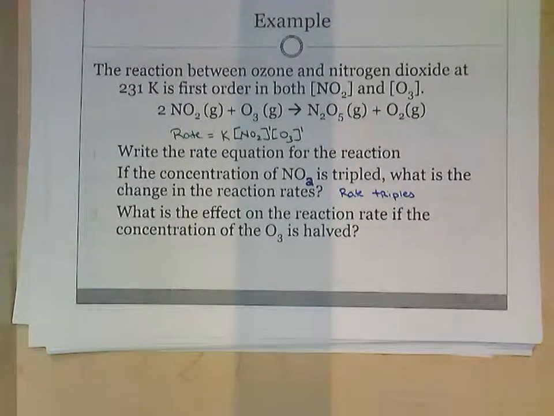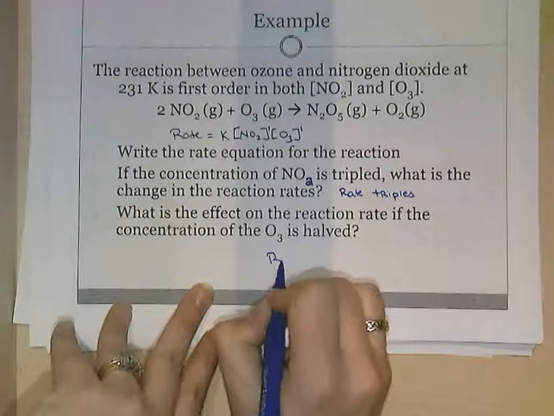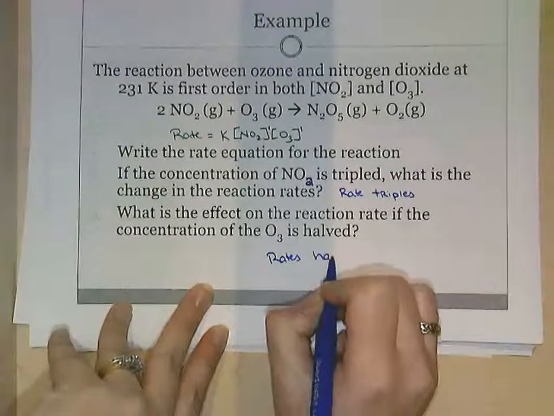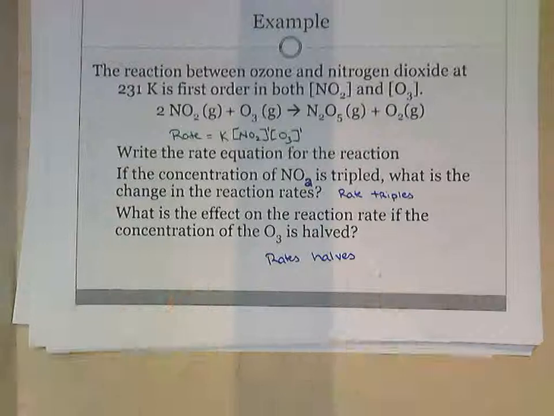If I have ozone and I take the concentration and halve it, but it's first order, how does the rate respond? It also halves. Right, so in a first order, whatever you do to the concentration, the rate responds the exact same way.